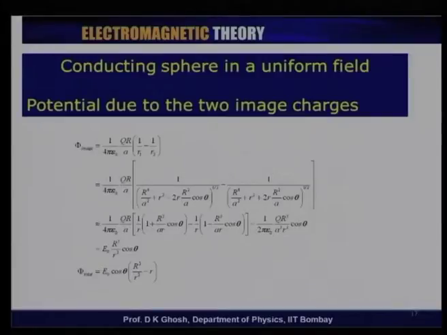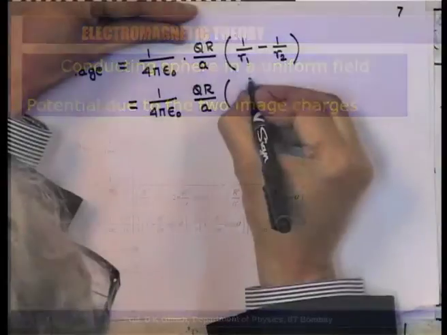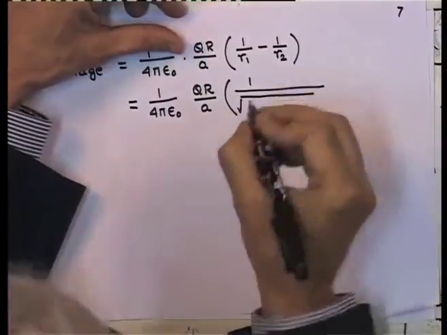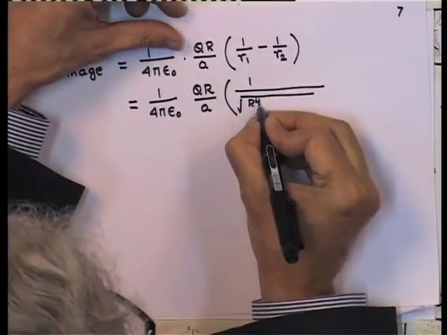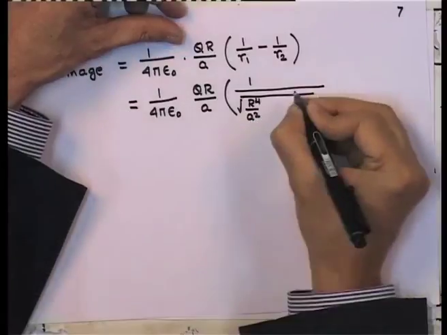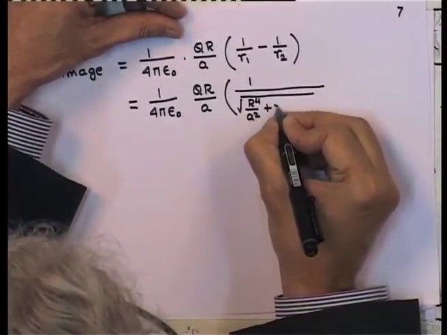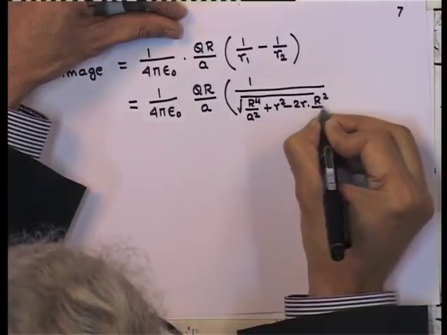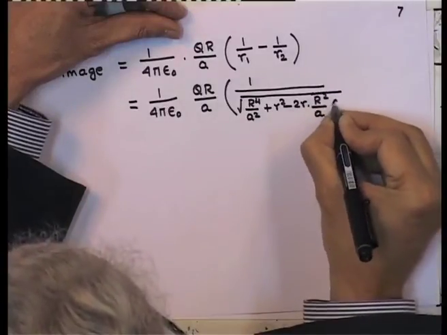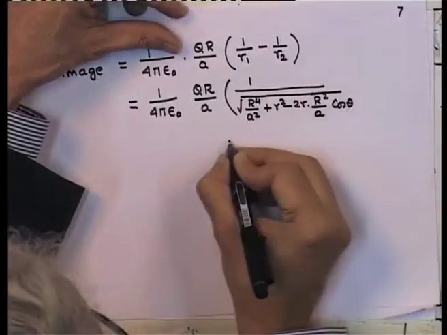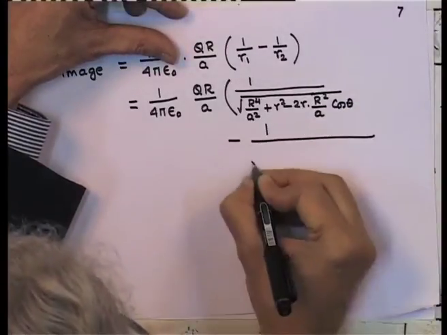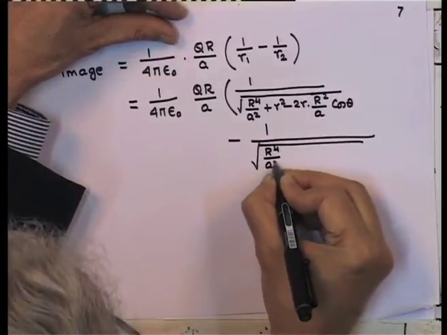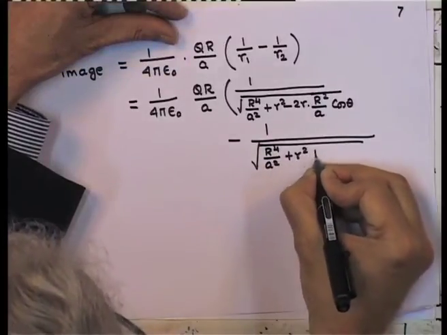So, this is what you see here. So, that is root of r fourth by a square, which is my b square, plus r square minus 2 r square by a, which is b, times cos theta, minus 1 by square root of a very similar expression, but plus 2 r square by a cos theta.